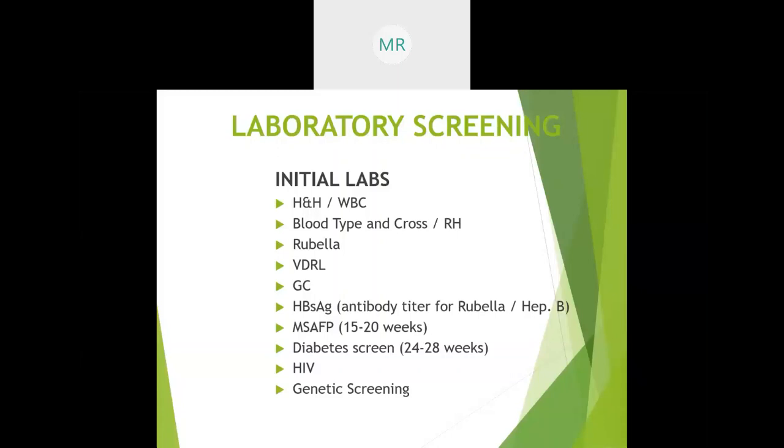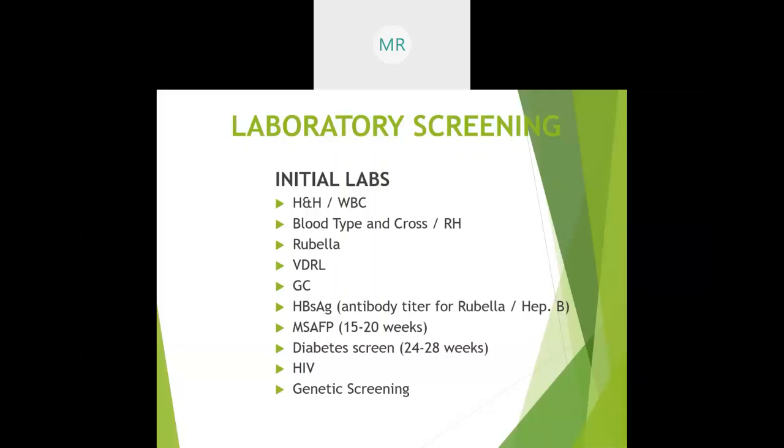We need to make sure if they're going for a 3-hour glucose tolerance test, there's an increase in carbohydrate diet for 3 days before the test. And mom drinks at least 100 grams. So not one bottle of 50 grams, but 2 bottles. So 100 grams of that glucose solution in the morning. Okay, they have to be fasting 8 hours prior. And then they'll draw her blood, okay?